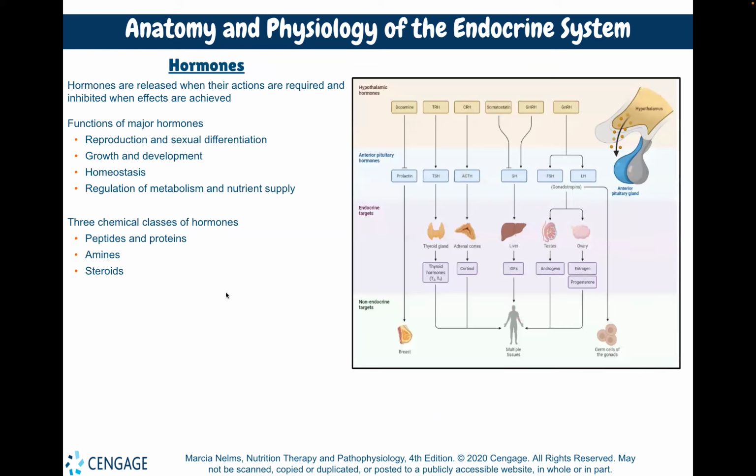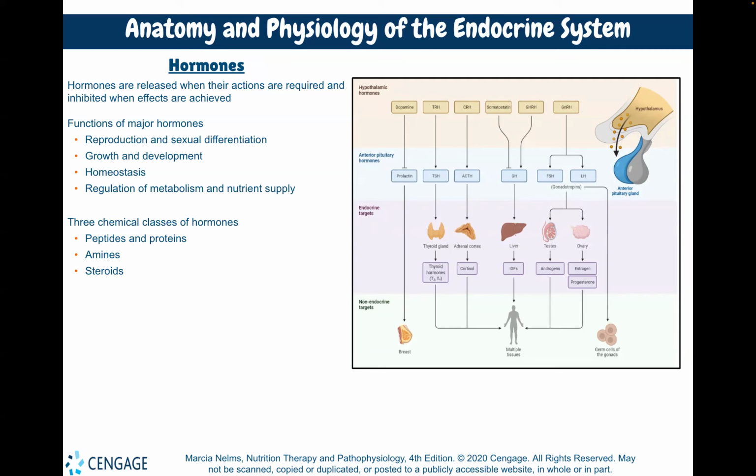So hormones are released, and they are what can manipulate metabolism in a lot of ways, but also send signals to other hormones and cause body systems to work differently.